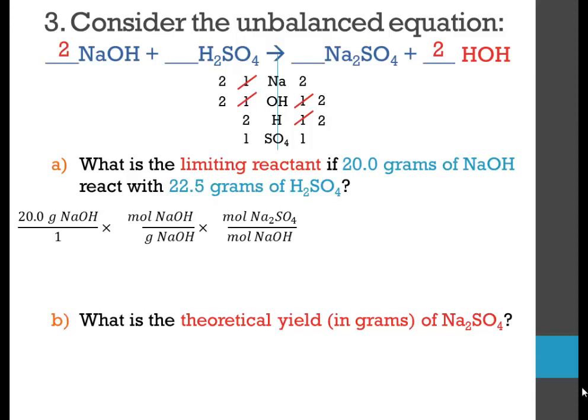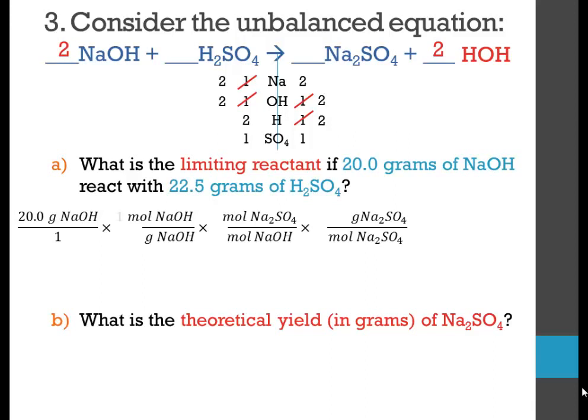So mole of NaOH goes on bottom, and moles of sodium sulfate goes on top. Then we can take the moles of sodium sulfate, put that on bottom to cancel, and just convert it into grams. So 2 of these conversion factors are just dealing with the fact that we weren't given moles and we're not asking for moles for our final answer.